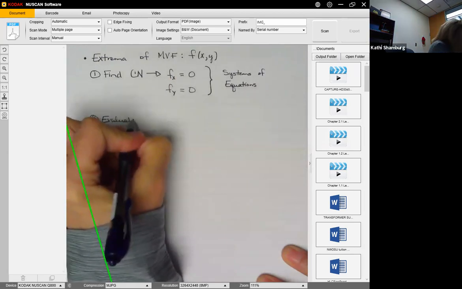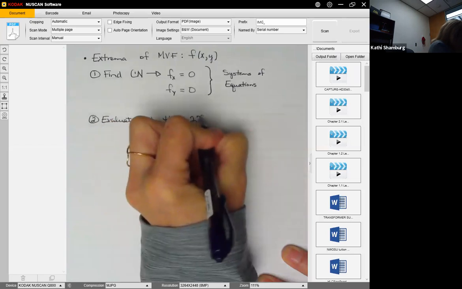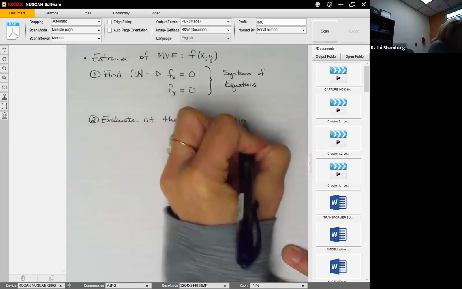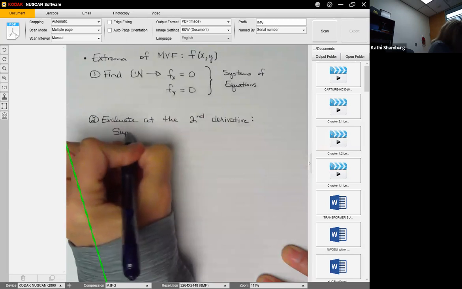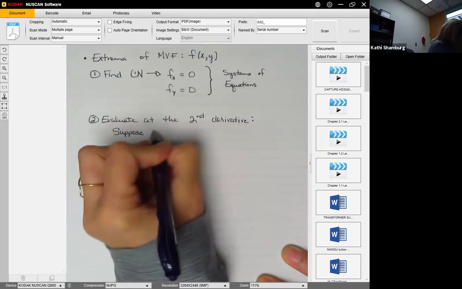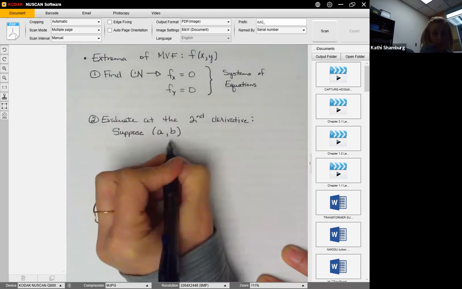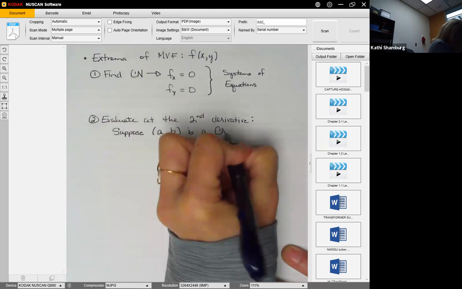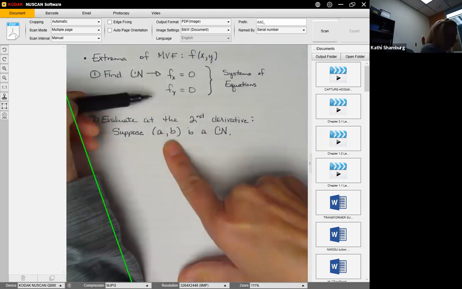evaluate at the second derivative. So what that means is you're going to take your critical number. So I'm just going to suppose that A being some number, B being some number, is a critical number. So this right here would have been what you found up here in step 1.